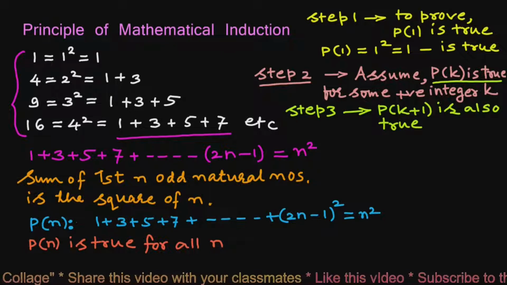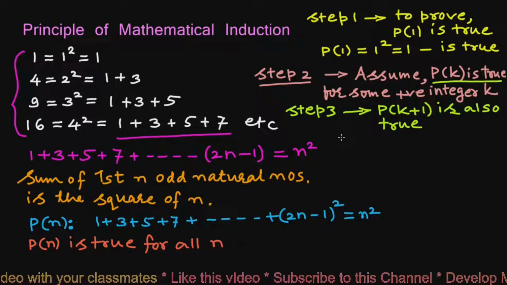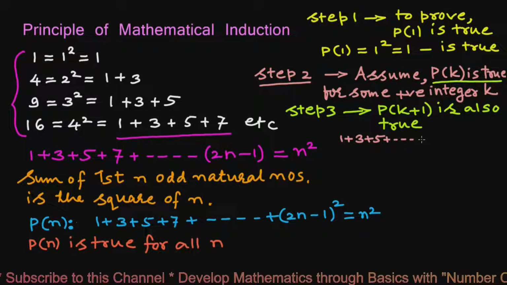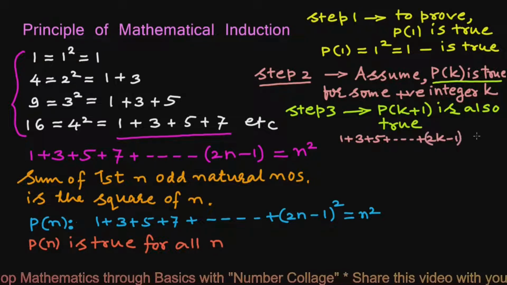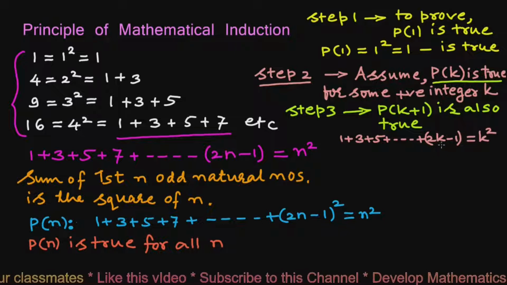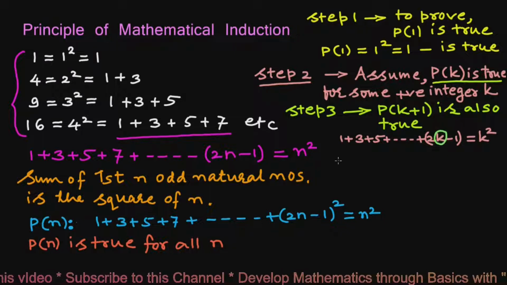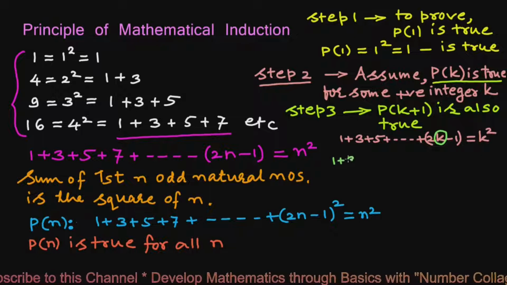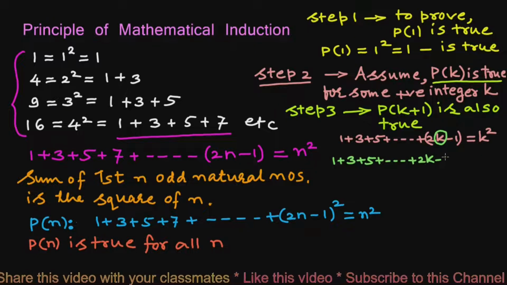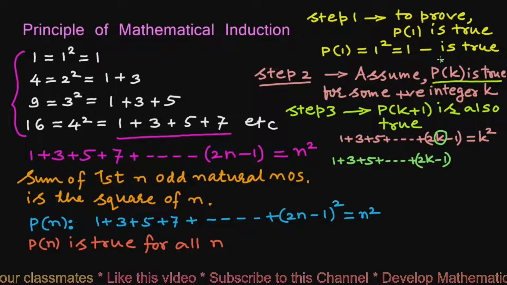Now since Pk is true, we have 1 plus 3 plus 5 plus so and so forth plus 2k minus 1 equals k square. Now we will consider by putting k plus 1 in place of this k. We write 1 plus 3 plus 5 plus so and so forth plus 2k minus 1, which is up to Pk now.